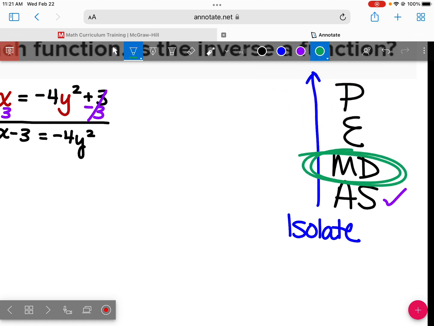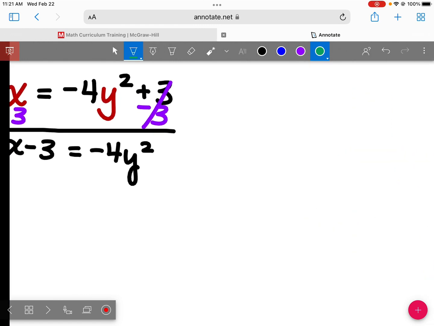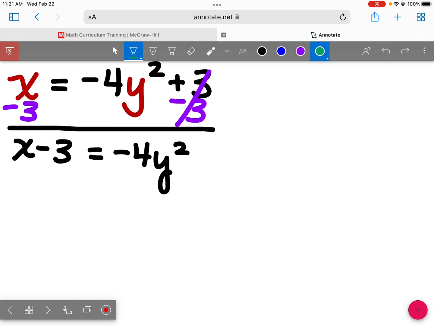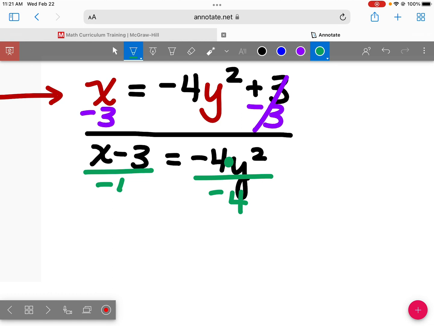Then I move right here to multiplication and division. Again, I'm trying to isolate y, so I'm looking over here where y is. Is there any multiplication or division happening there? Yes. What's happening? Negative 4 is being multiplied by the y squared, so I need to make that cancel. I need to get rid of it by dividing both sides by negative 4.